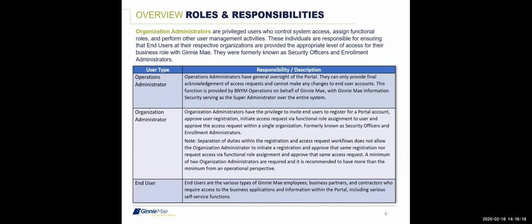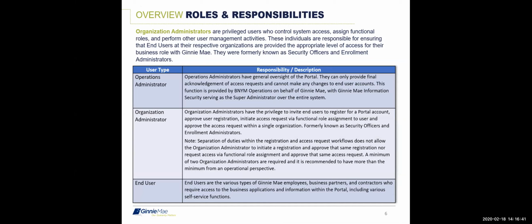Okay, so let's talk about the different types of users and their roles and responsibilities. You are that middle light blue box, an organization administrator. What that means is you have the privilege to onboard users from your organization into the portal and establish an account for them.